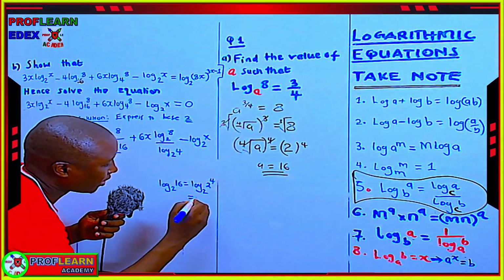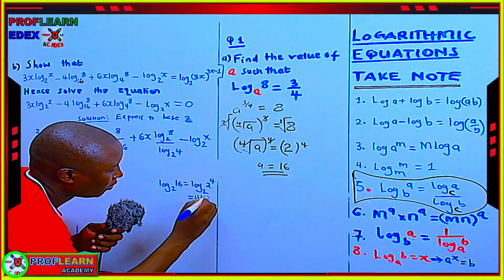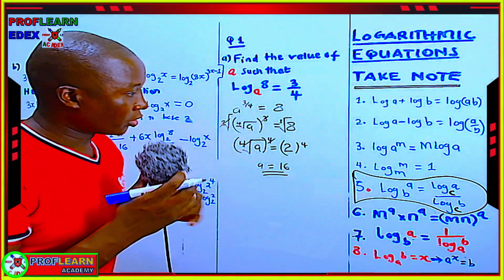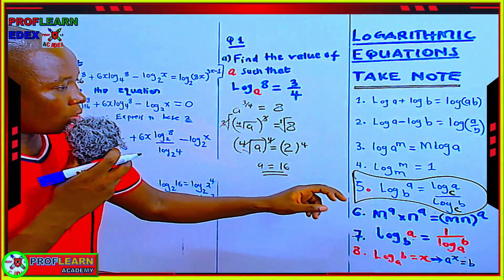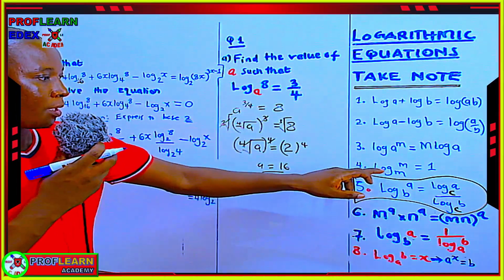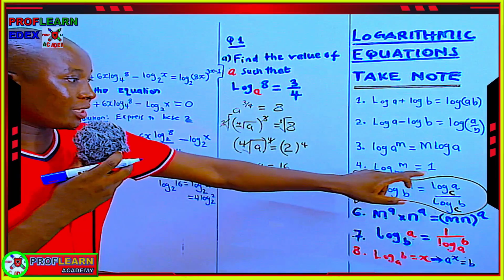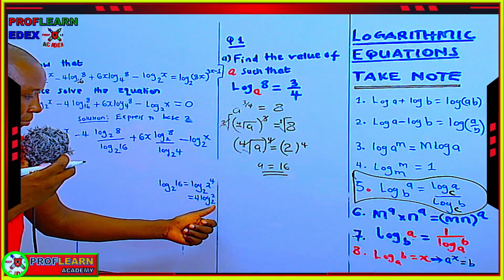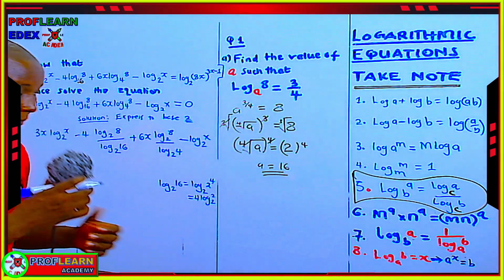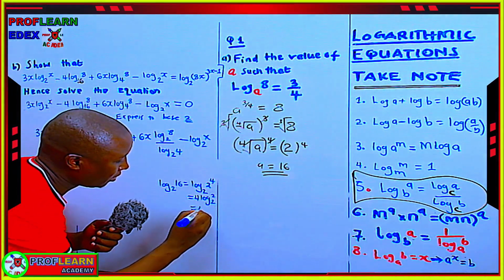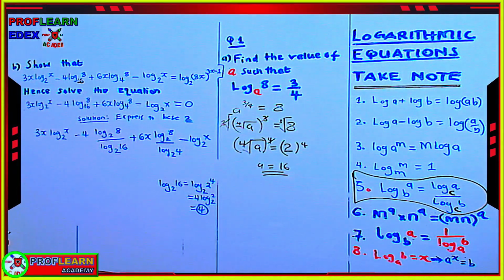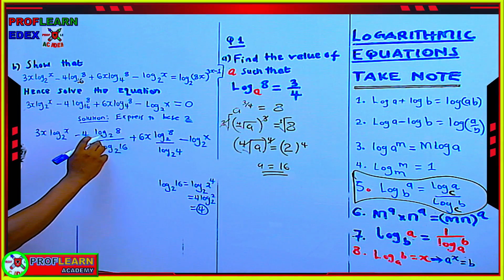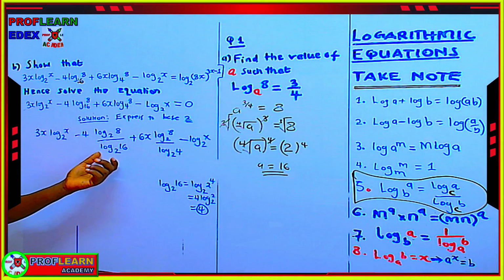So this is 4 log 2 base 2. Which means we can apply rule number 4, log m base m is 1. If you have a log of a number and the base is the same number, you are going to have 1 there. So this is going to be 4 at the end of the day. This number we have here, we can replace with 4.